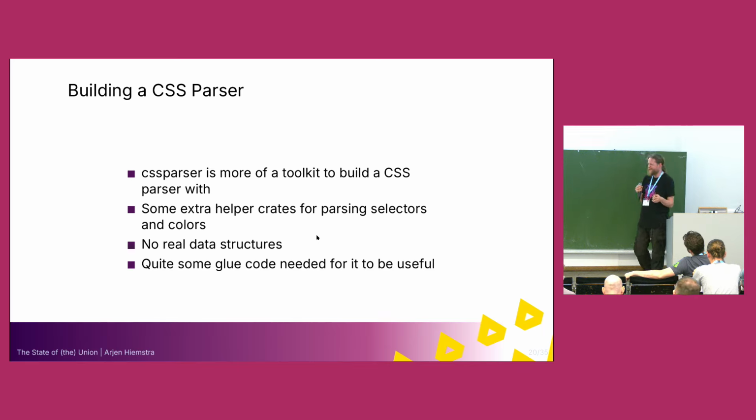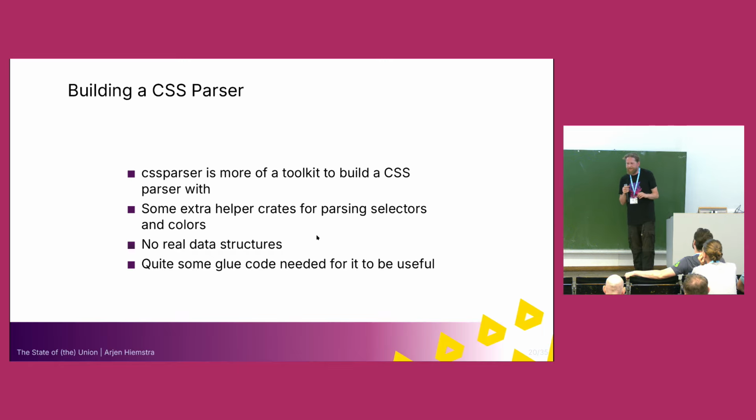I guess it works fine if you're Servo, but if you want something where you're like, okay, I need to get some sort of abstract description out of this CSS file that I can then transform into something that my style can use, it's not that great.